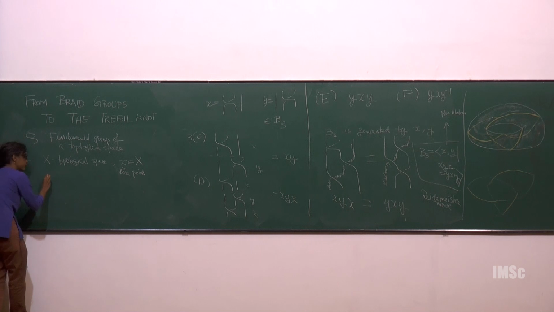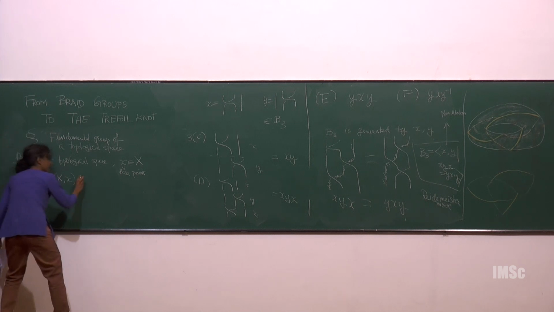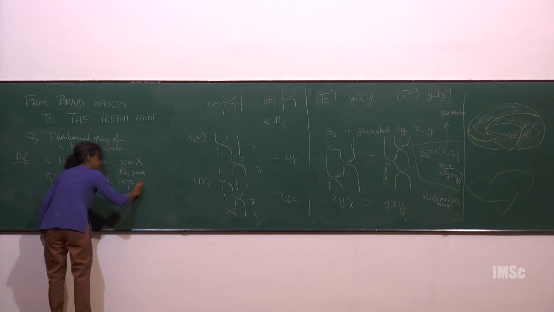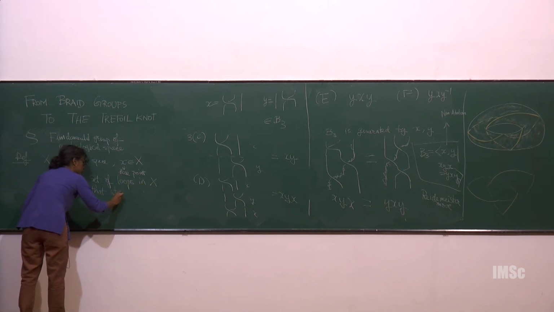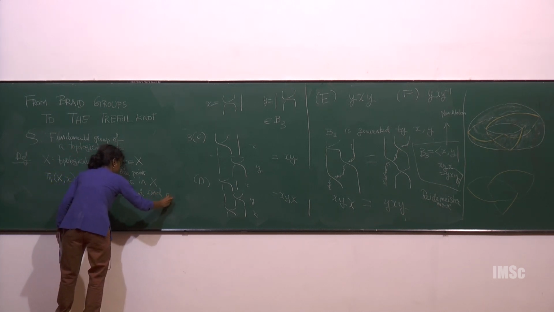I am going to define a set called pi1 of X comma little x. It doesn't have a name yet, we'll just call it pi1. And what is this pi1? It is the set of loops in X that start and end at little x.